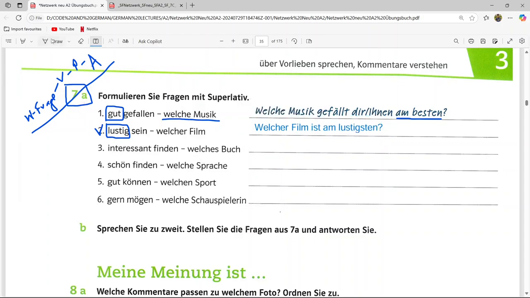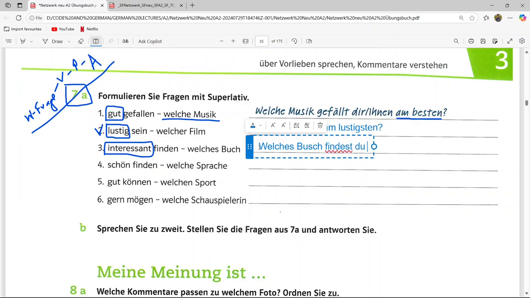Okay. Next one is interessant. So am interessantesten. Okay. So welches Buch. Now the verb. So verb is finden, and we are talking to maybe the second person. So findest du am interessantesten.